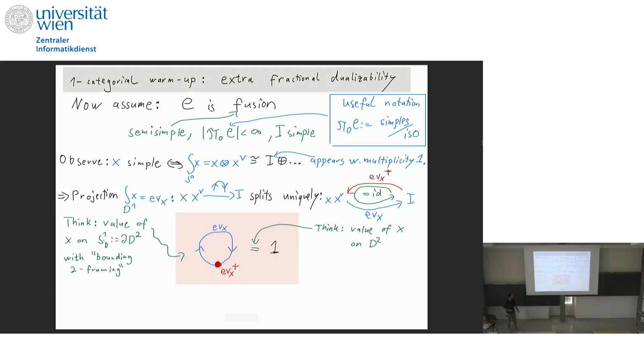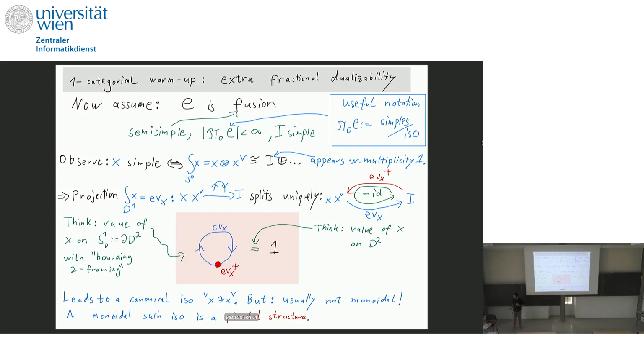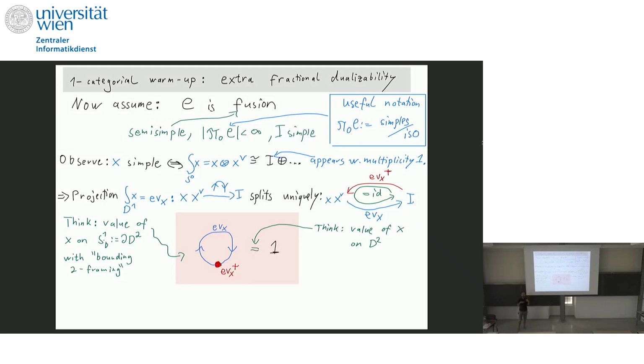Okay, there is a useful intuition for this, I think. One could think of this object as not just being this object X a priori. I said you can evaluate it on all one manifolds if I want to. But there is a way to think of this as pretending that you can actually evaluate this object X on two manifolds as well, or at least on some two manifolds.